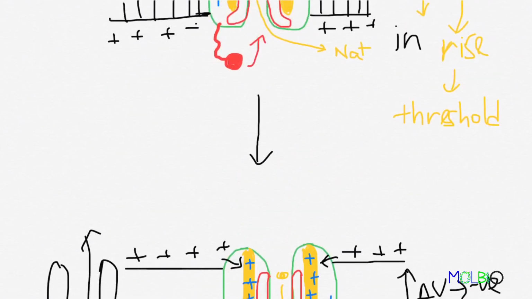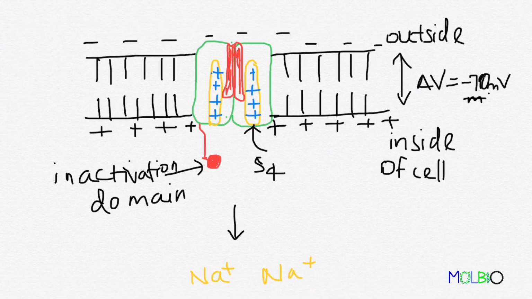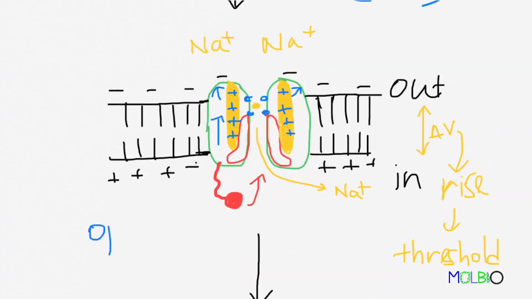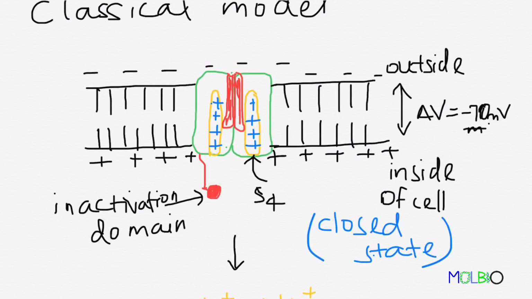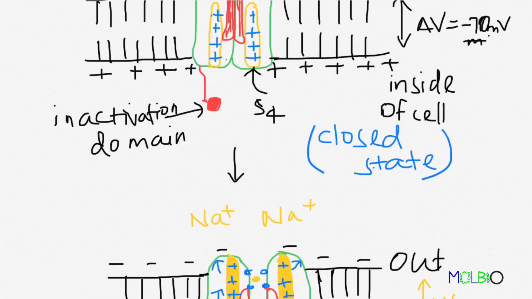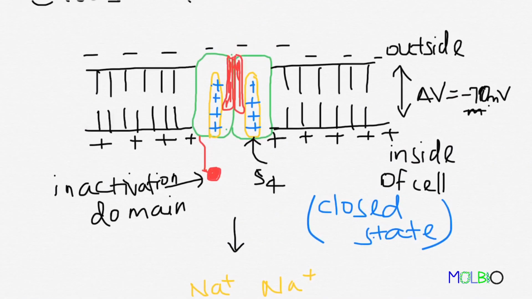Then again, when there is a potential change, it can open, so it will go back to the closed state, and when there is a potential difference, it will open again, and then it will be inactivated until it is closed again by making the outside positive.